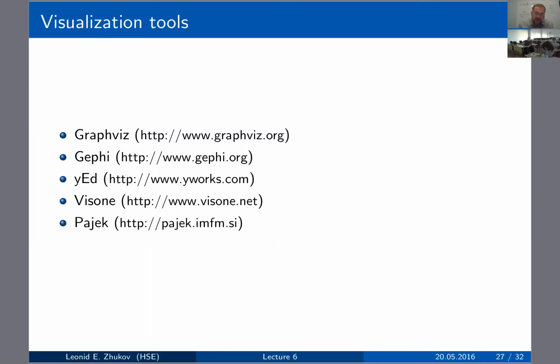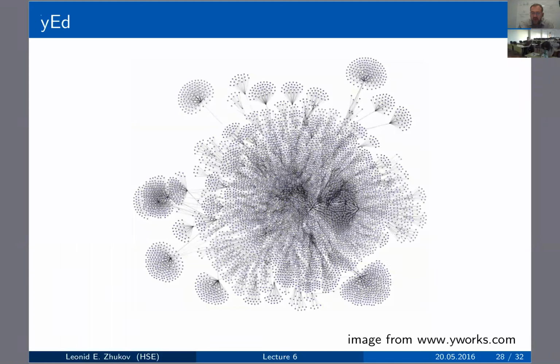It has probably the best layout algorithms and the best coloring options. So I do use Gephi a lot, and sometimes I use yEd. It's another program that allows you to create pretty visualizations. Here's an example from yEd, and the site is yWorks. It's this type of graph.